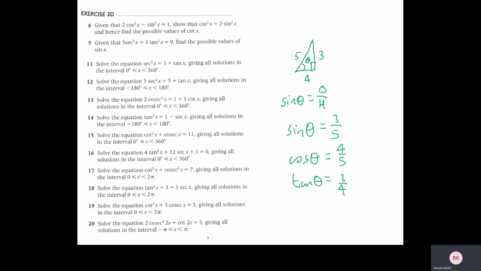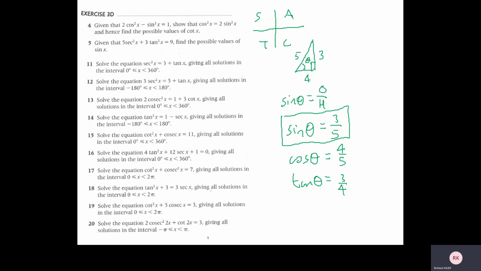But we also might need to think about the other solution. We've really only dealt with if they're in this top quadrant here. If we started with sine theta is 3/5, if that's what we were given originally, unless we're told otherwise, we don't know if that's acute or obtuse.